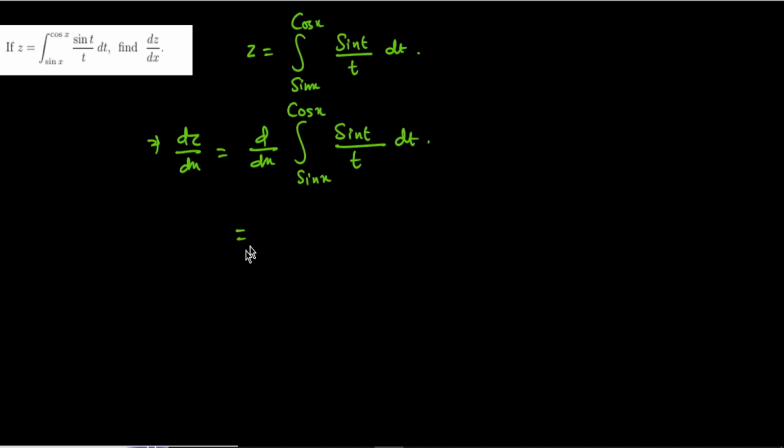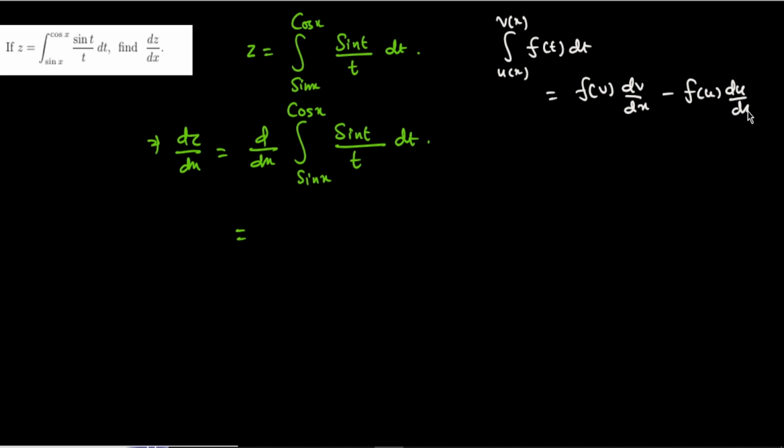As we know, the formula, where u of x and v of x both are functions of x, and f of t dt, is f of v times dv by dx minus f of u times du by dx.